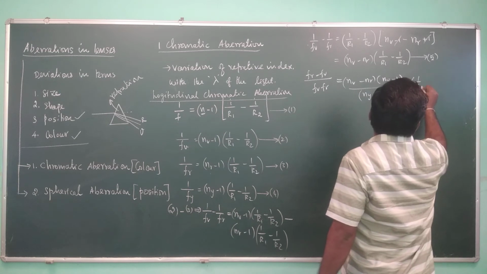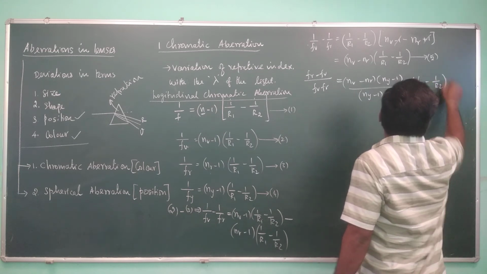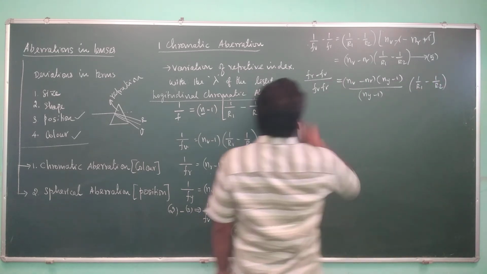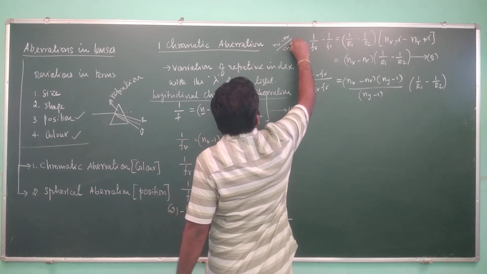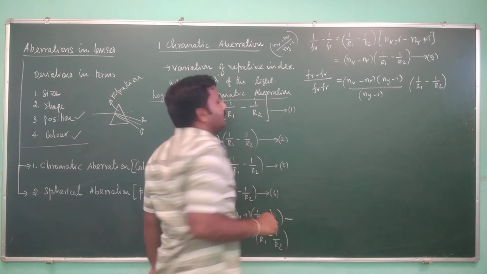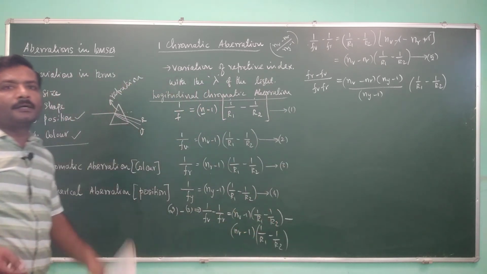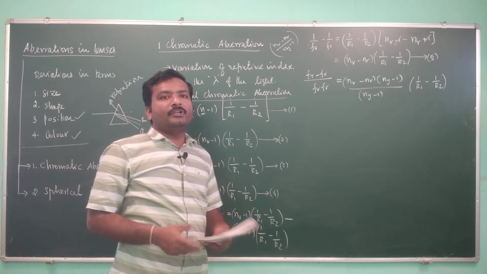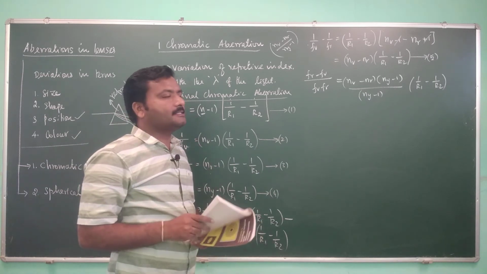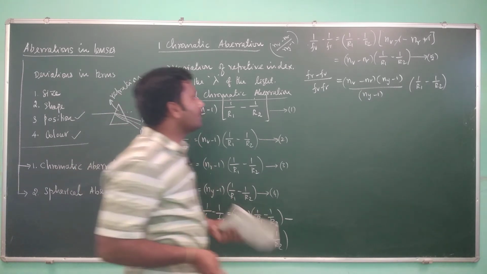So what happens, (NV minus NR) by (NY minus 1) is nothing but the angular dispersion to the angle of deviation of the mean ray, that is nothing but the dispersive power omega.